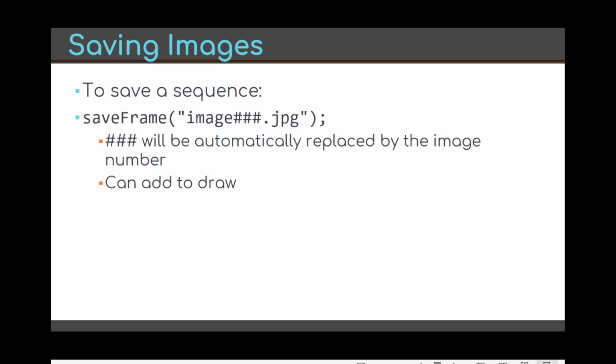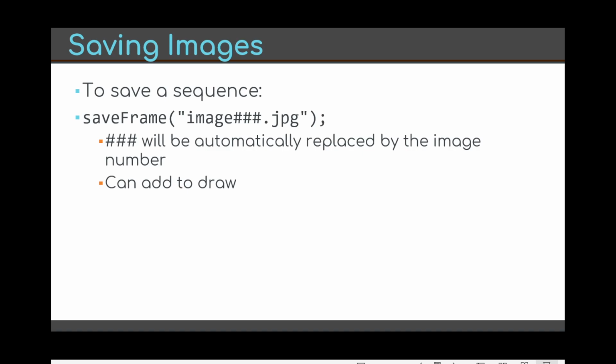This is a little bit of a magical incantation, a little bit of work that processing does on your behalf. So instead of using save image, you can use save frame. Save frame is different from save image in that it looks at the image name that you pass in, and then it will automatically look for 3 hashtags in a row and automatically fill those in.